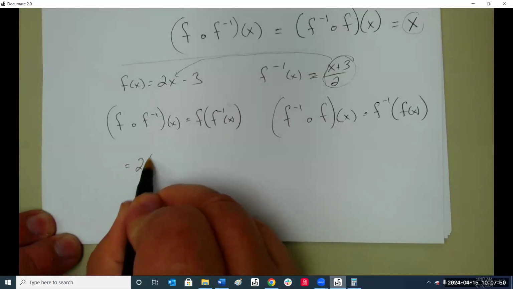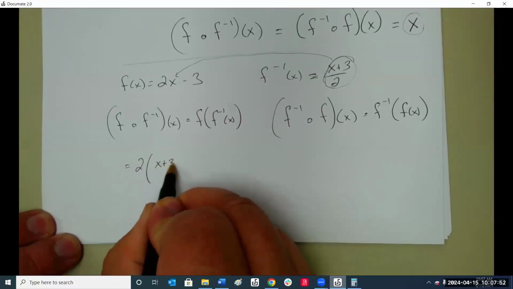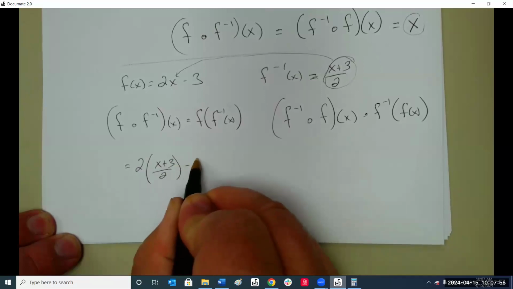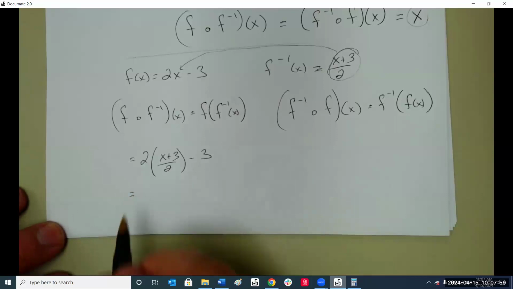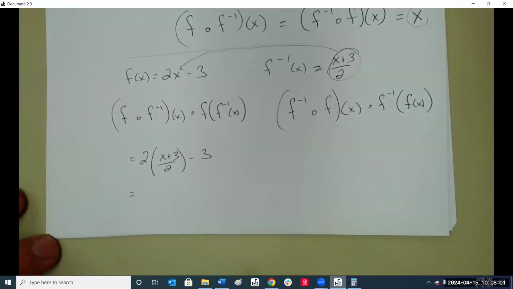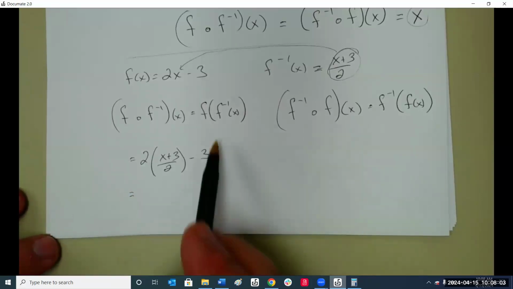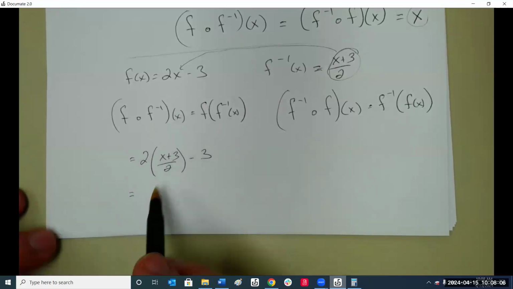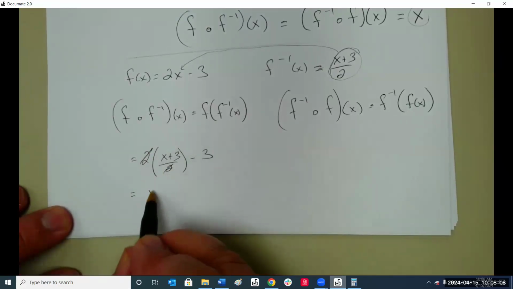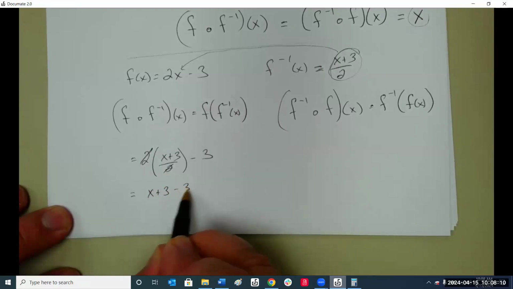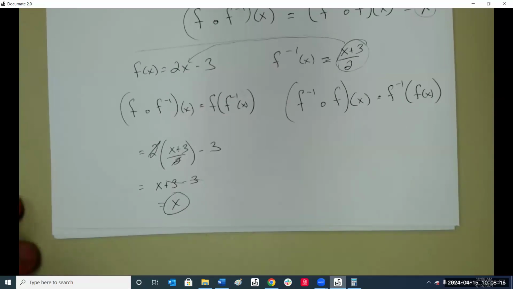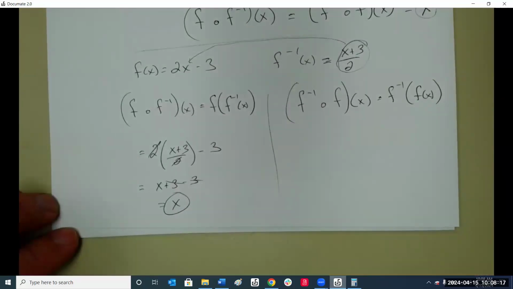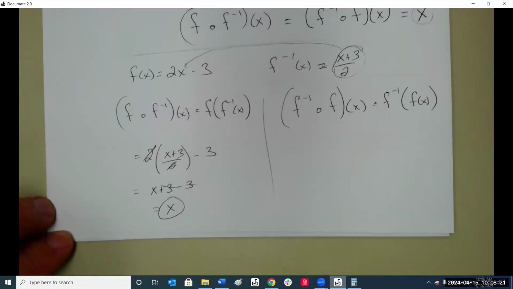So it's 2 times x plus 3 over 2, minus 3. That's what this one says. So the 2's cancel, so we have x plus 3 minus 3. The 3's cancel, it equals x. That's the first one.